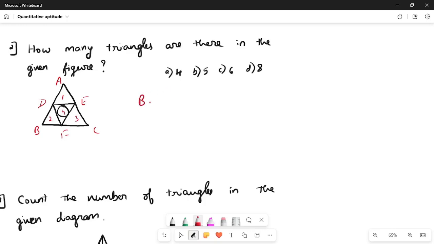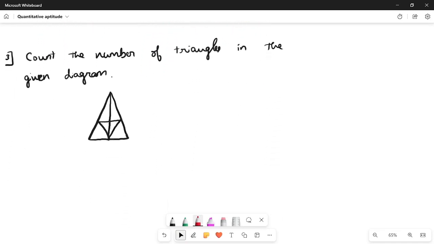Basic triangles, the number of triangles is 4. And one more I can consider by taking all 1, 2, 3, 4 together. So triangle ABC I can consider. So total there are 5 triangles in the given figure. This is the quite easier one.